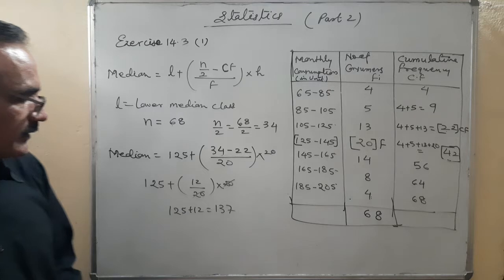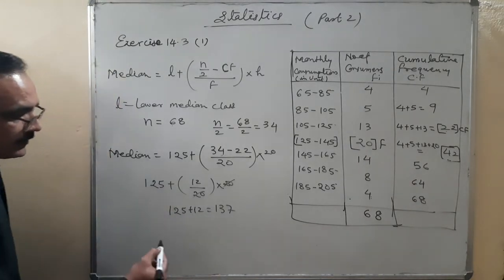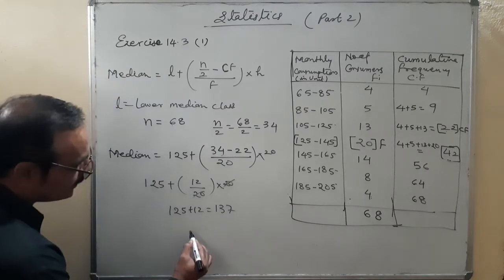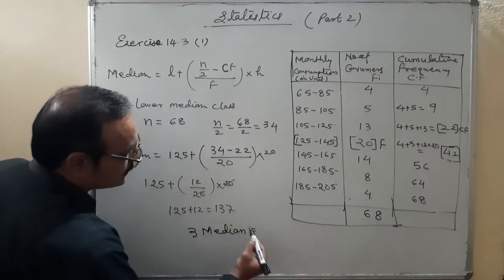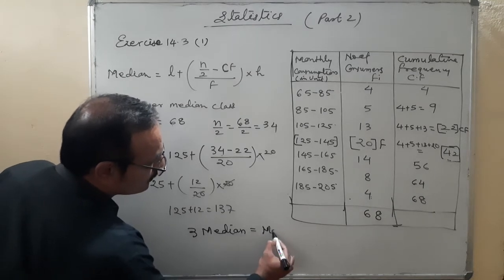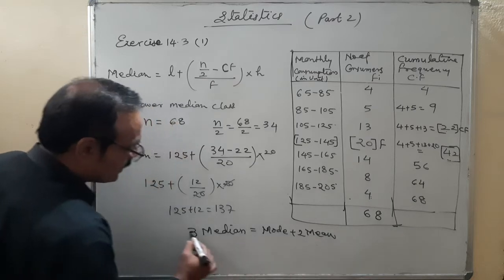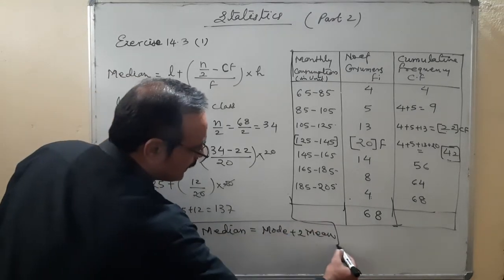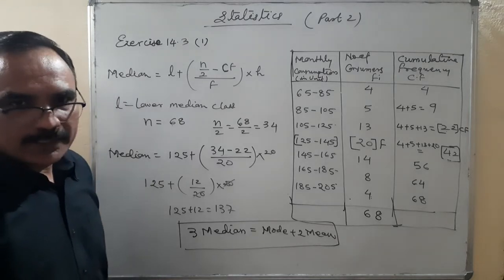And after that, there is a formula. The relation between them is 3 median is equal to mode plus 2 mean. You will remember this relation is called the empirical relation between mean, median, and mode.